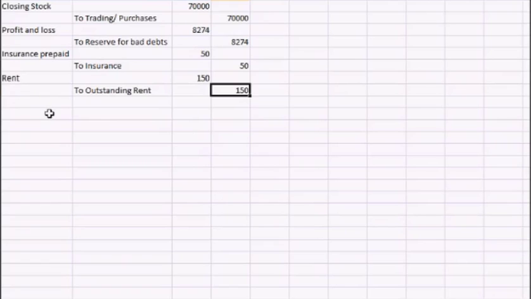So interest due again creates a liability. The amount is 900, and this interest would be added to the loan account itself.